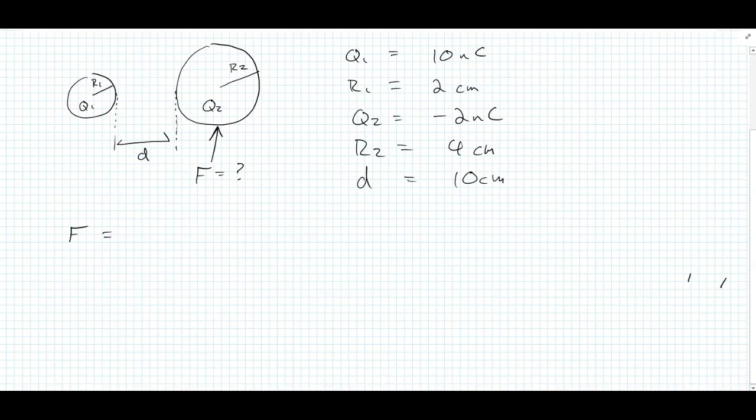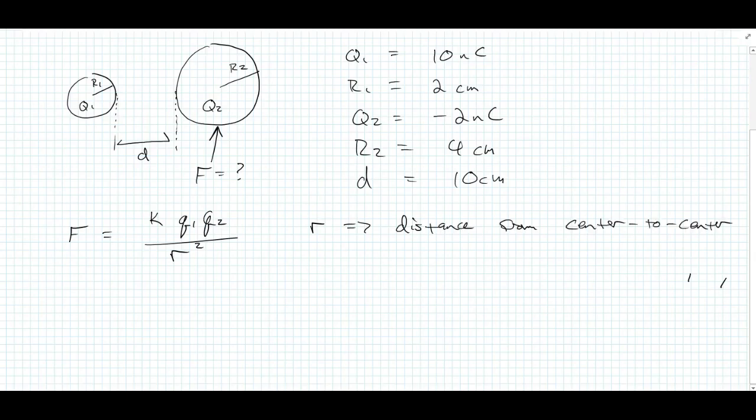So we would say that the magnitude of the force is going to be Coulomb's constant times the charge on the first sphere times the charge on the second sphere divided by the distance between the spheres squared. Now the important part here is that this R is the distance from center to center. So when we use Coulomb's law, we have to calculate the distance from center to center before we can calculate what the force is. So that's important.